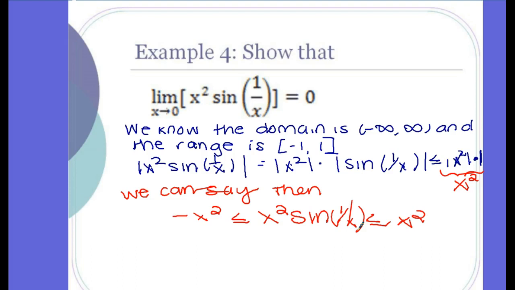Let's look at the limit of this and the limit of that. So if you look at the limit as x goes to 0 of negative x squared, we can simply plug in 0. 0 squared is 0. Negative 0 is 0.